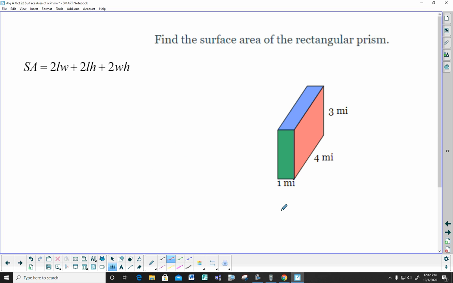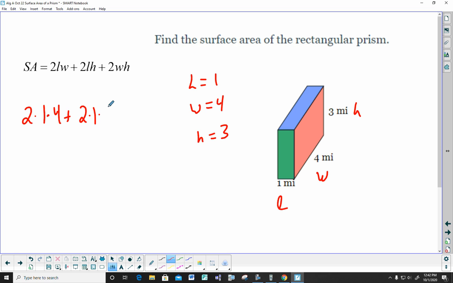So I'm going to call this the length, the width, and the height. So I have length is equal to 1, width is equal to 4, height is equal to 3. And I'm just going to again fill them in. So I have 2 times the length times the width, plus 2 times the length times the height, plus 2 times the width times the height.